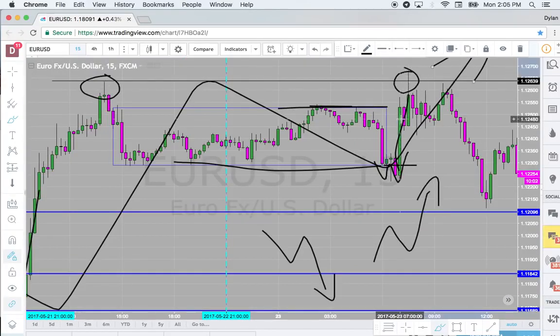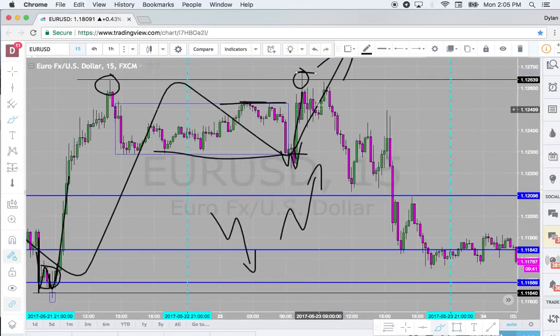And remember, the retail traders, what they go by, as long as the market continues to create higher highs and higher lows, the market is still uptrending. So, a higher high was created. What happens?